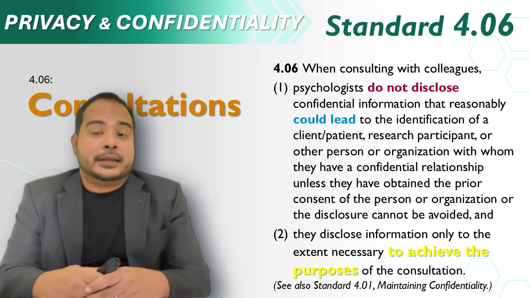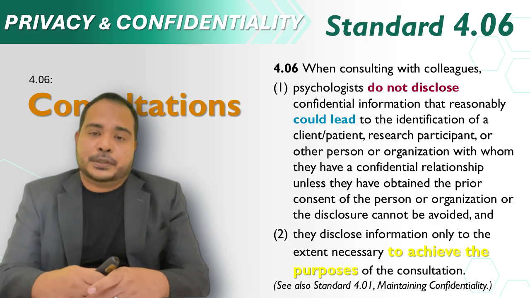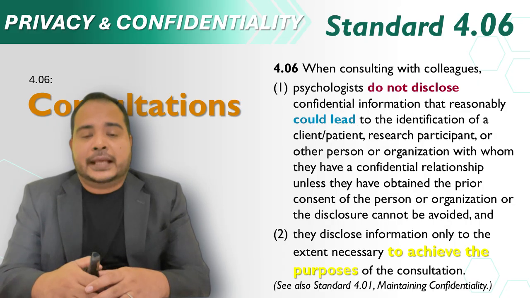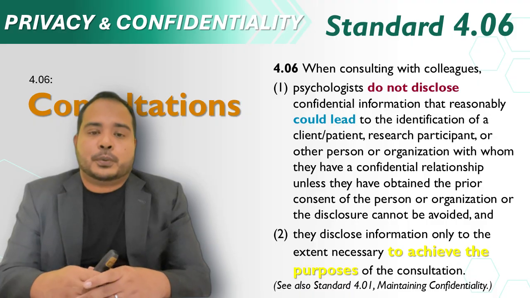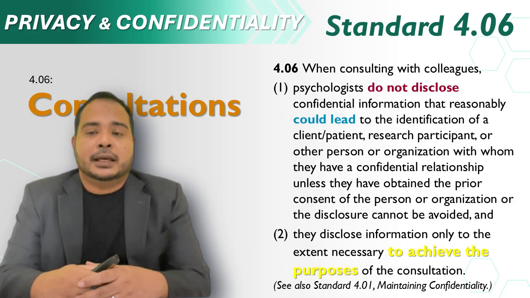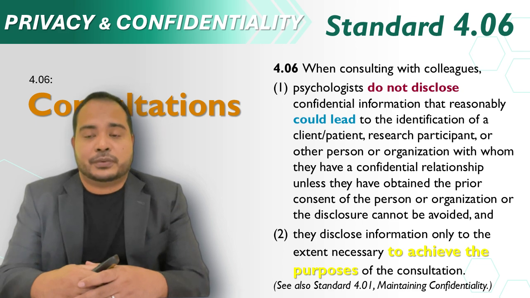Even when consent is granted, psychologists must disclose only the minimum amount of information needed for the purpose of the consultation. This basically reflects the ethical principle of proportionality. Basically we only share minimum information about people. The more information we share, the greater the risk on privacy and confidentiality.